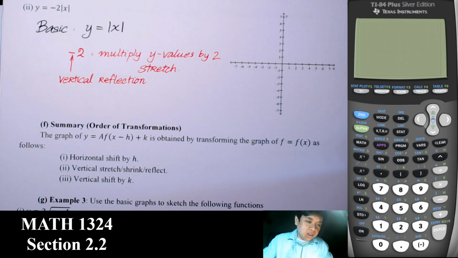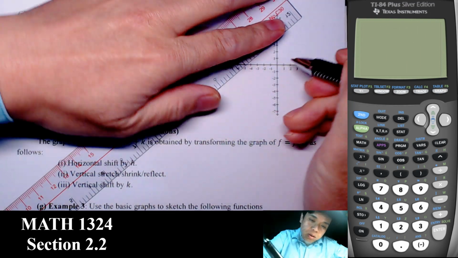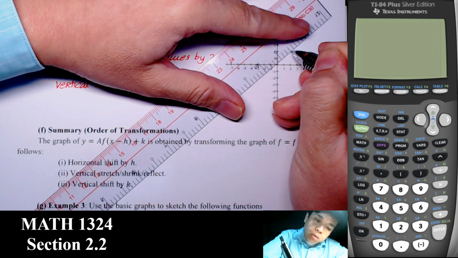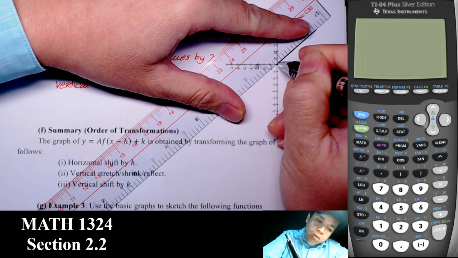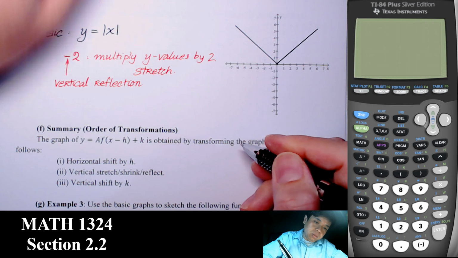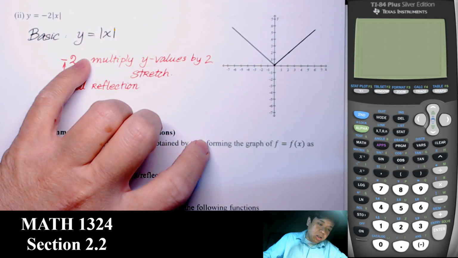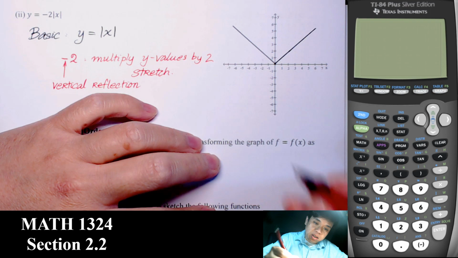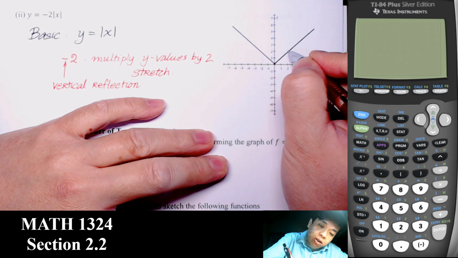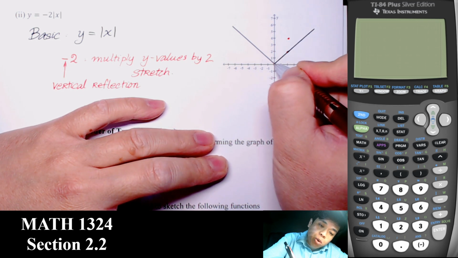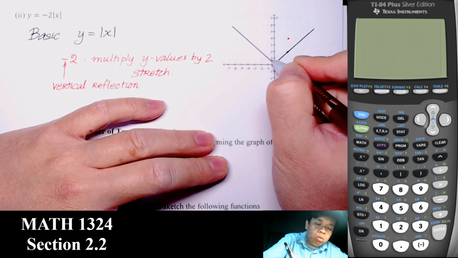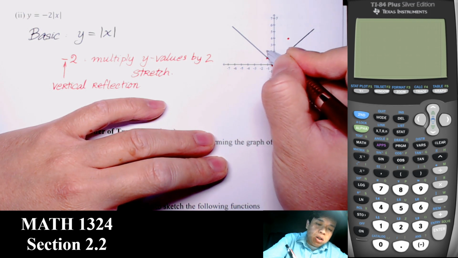So let's start with the V. And now there are two things. First we stretch, then reflect. I stretch first. So whatever the y value is, multiply by 2. 0 multiplied by 2 is still 0. 1 multiplied by 2 is 2.